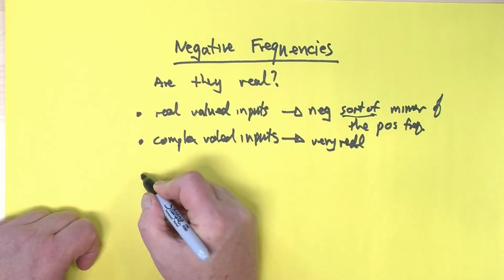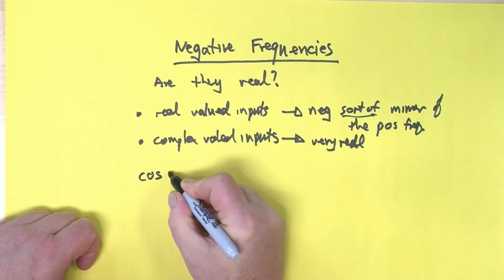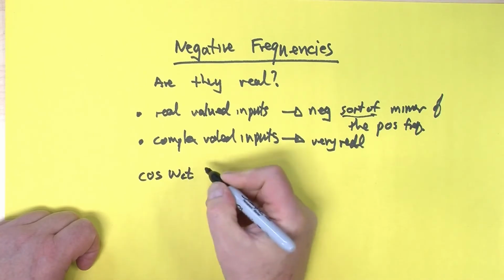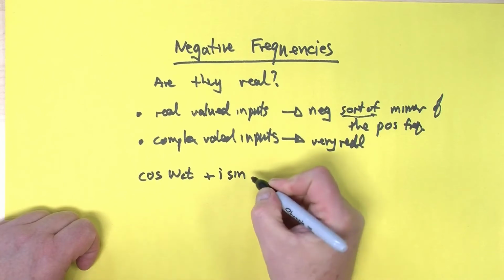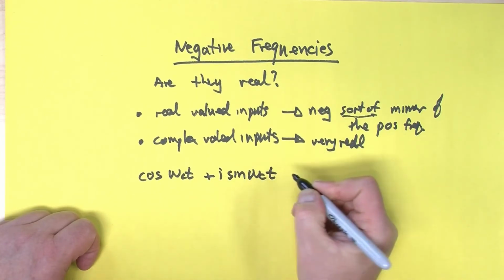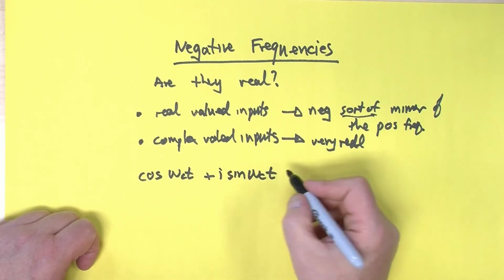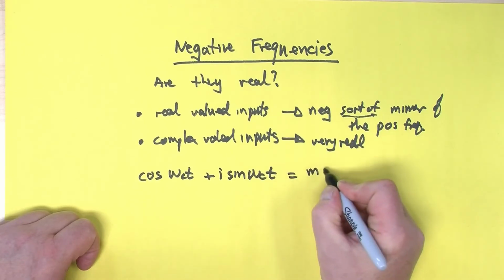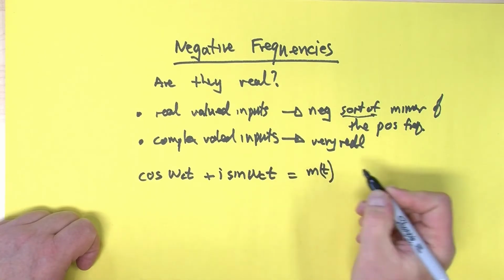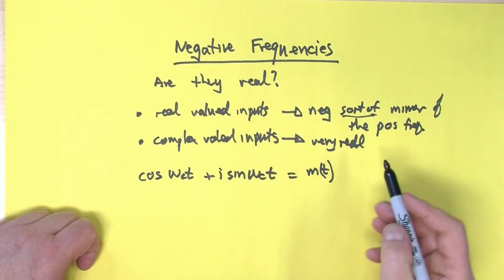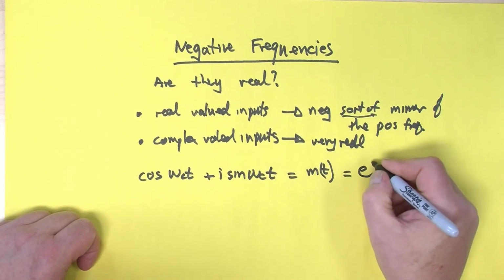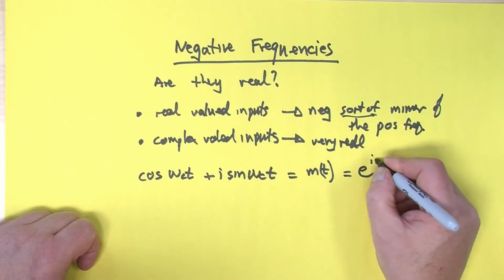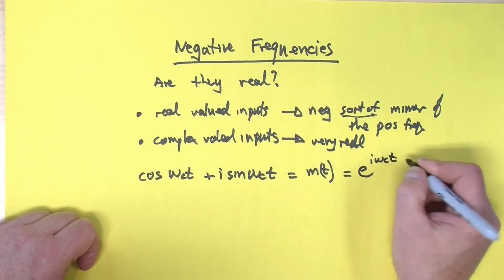So if we had cos omega ct plus I sine omega ct as our m of t, well, thanks to Euler's equation, that would also equal e to the I omega ct.